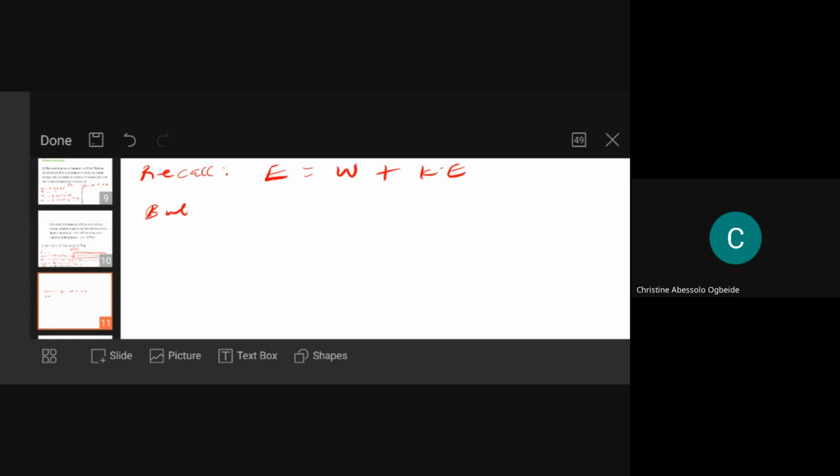You know that E is equal to HF, where H is Planck's constant, which was also given in the question, and F is the frequency.